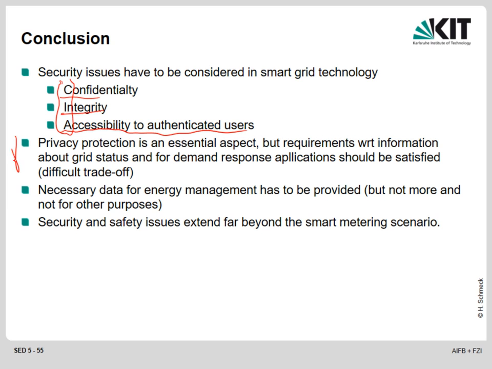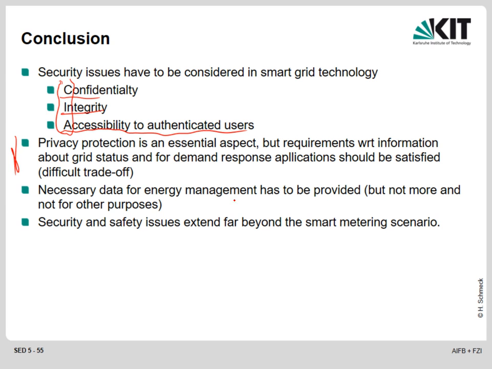Here, privacy protection is one of the essential aspects with respect to smart meters. You have to make sure that nobody who is unauthorized gets access to that private data, but the data has to be moved somewhere, has to be sent to the metering system operator, or to the utility, or whoever needs that information.